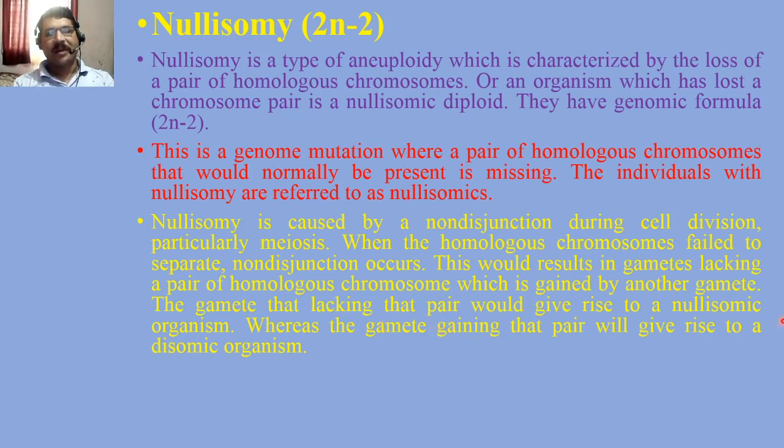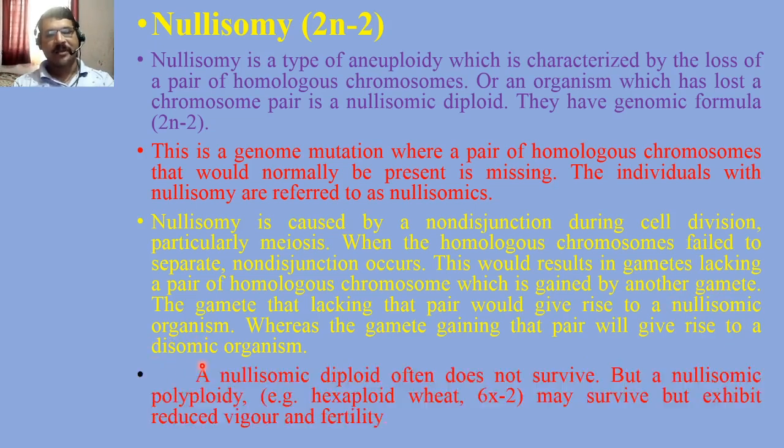This particular condition is called nullisomy. So when one chromosome pair is lost, it is nullisomic, and when one chromosome pair is added, it is known as a disomic organism.